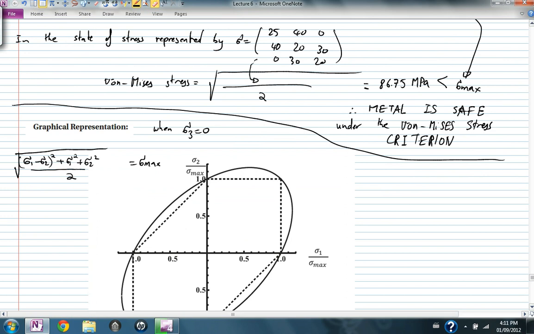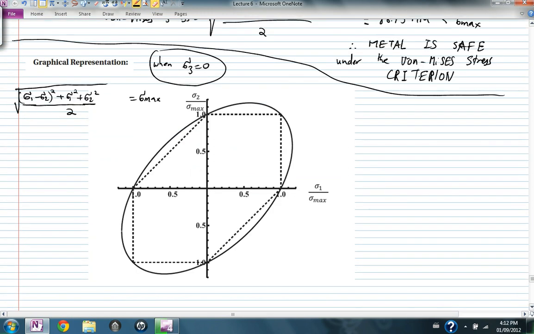in a coordinate system where sigma 1, sigma 2 and sigma 3 represent the principal stresses of the stress. And when sigma 3 is 0, this equation can be visualized using this ellipse. Any point here, when the values of sigma 1 and sigma 2 satisfy a point on this curve, this is a critical value.